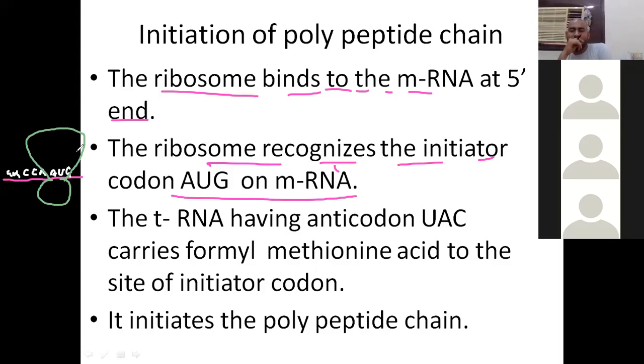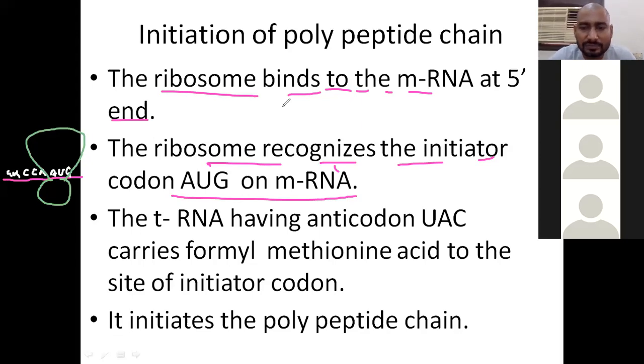And you know very well, AUG always codes for the amino acid methionine. So this is the first function: the ribosome scans throughout the mRNA strand and ultimately recognizes where the AUG codon is present. From there it will bind and start polypeptide synthesis, or protein synthesis.